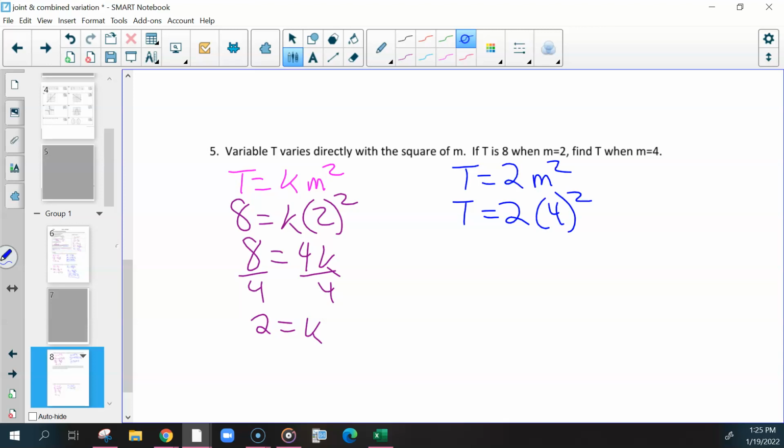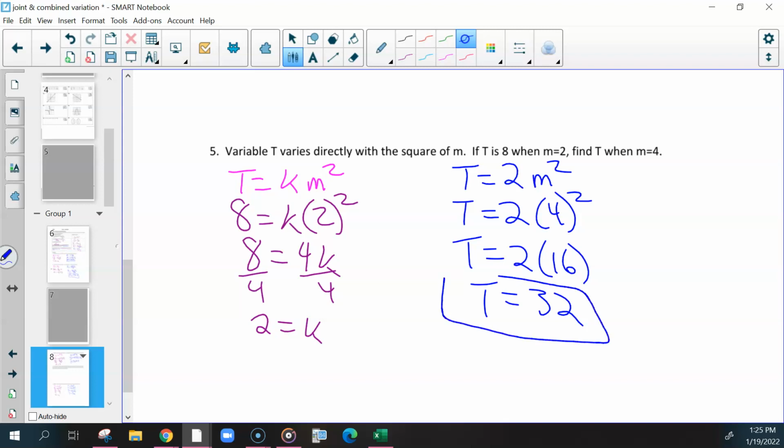Again, don't lose your square. Put your number in parentheses. And here we have 2 times 16, or T equals 32. Questions on number 5?